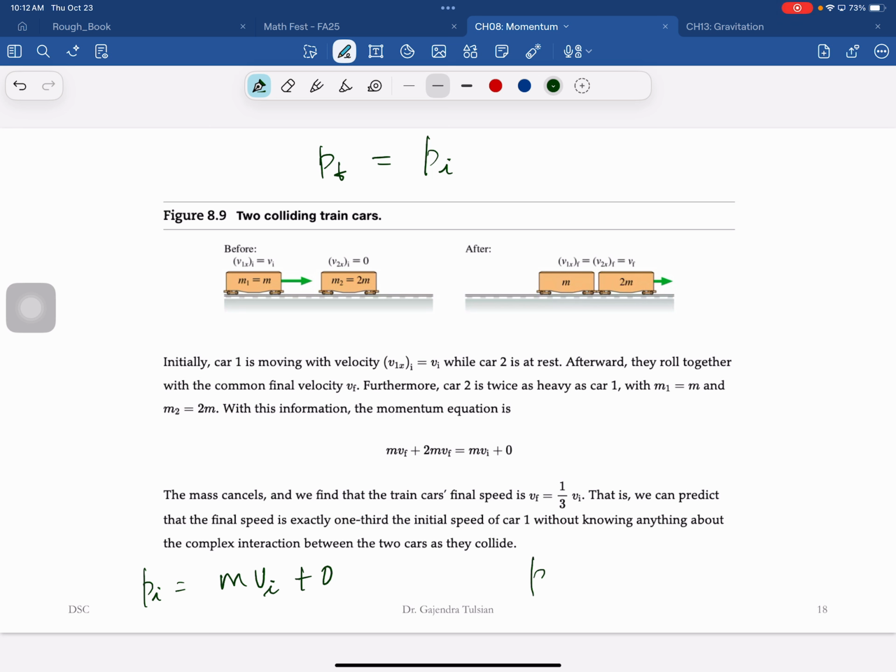And the final momentum: the two have stuck together, so the total mass is 3m, and there's the final velocity. So this should equal this.